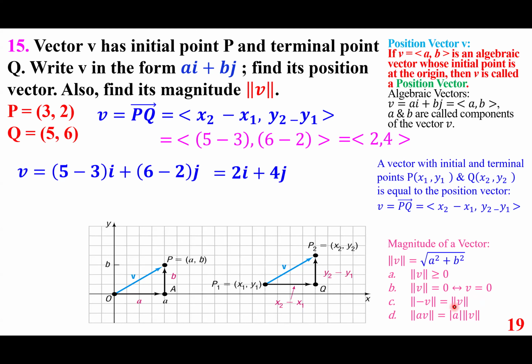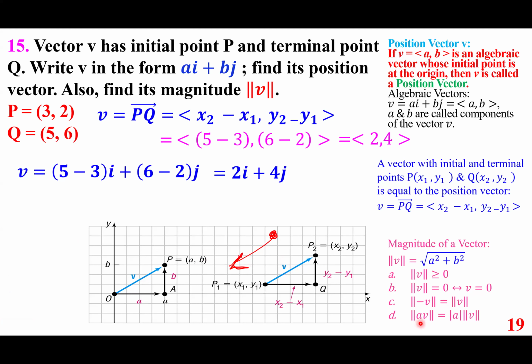If two vectors are opposite, in other words, if I draw something parallel with the same size but the opposite direction, everybody, this is the opposite of that, or that one, makes no difference. They must have the same size.